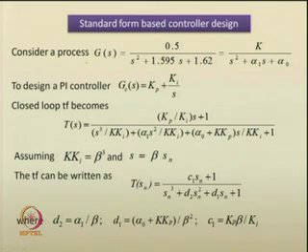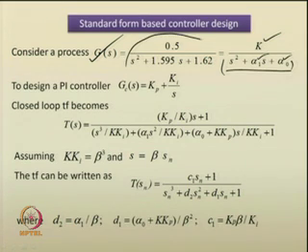So, let us assume that the process dynamics has only poles, with a static gain of k and its denominator polynomial expressed as s square plus alpha 1 s plus alpha 0. Then we will go back to some specific form of transfer function and design the PI controller.